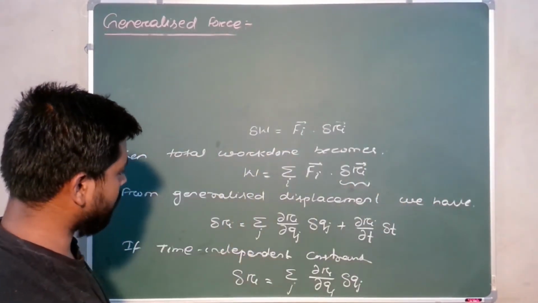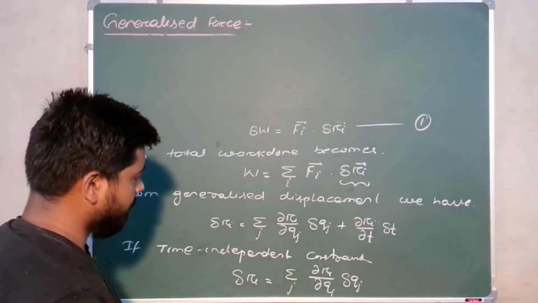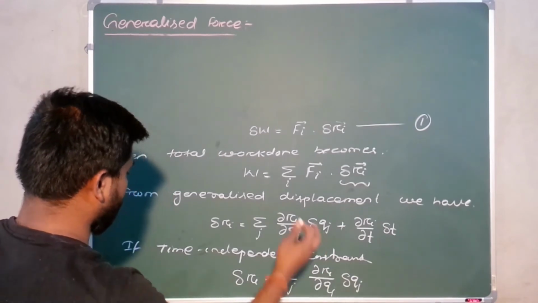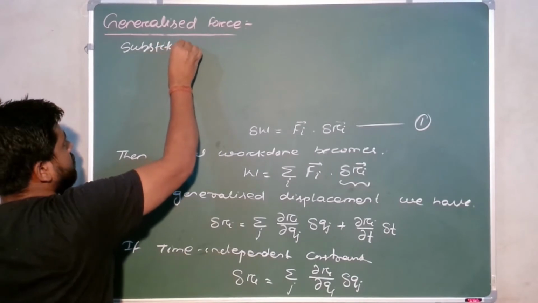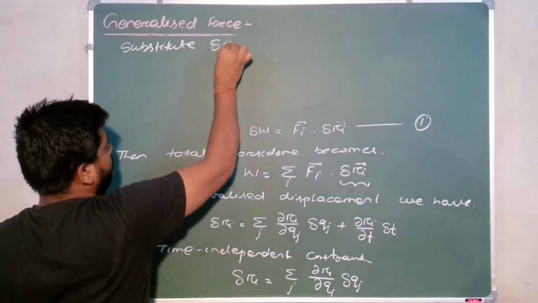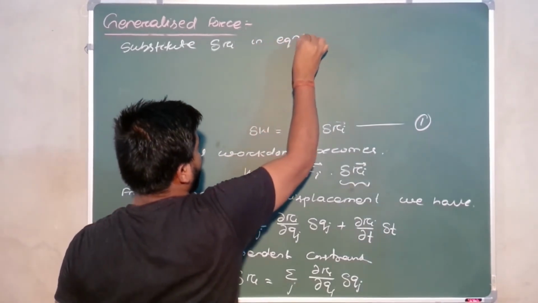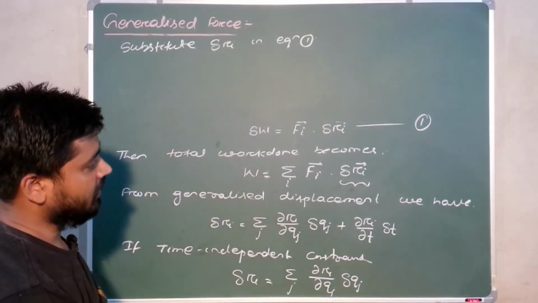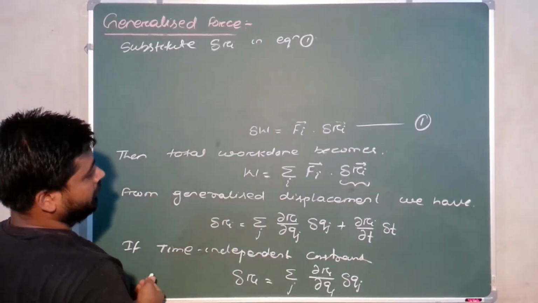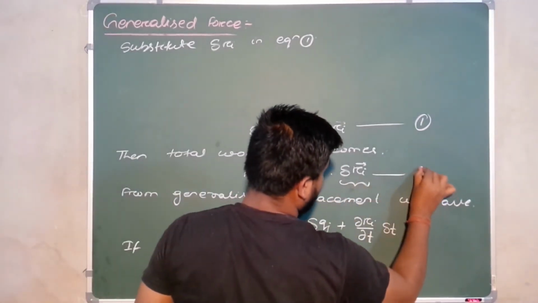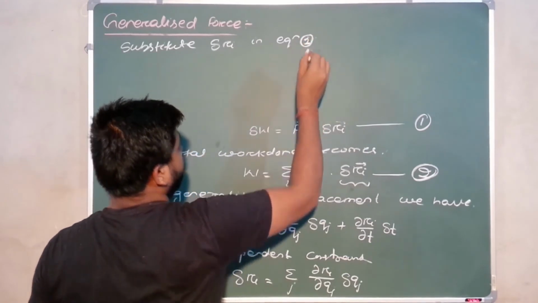Then what do we have to do? Let this be equation 1. Okay, substitute. Just write down here. Substitute delta Ri in equation 1. Then just see what I got here. Very easy. Sorry, this one is equation 1 and this one is equation 2. Just substitute delta Ri in equation 2.